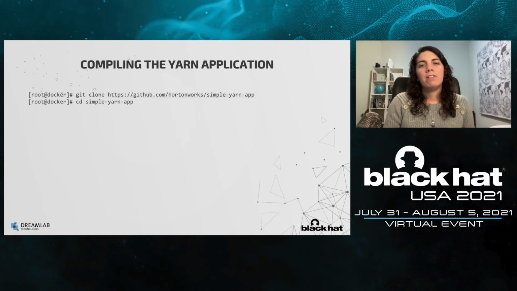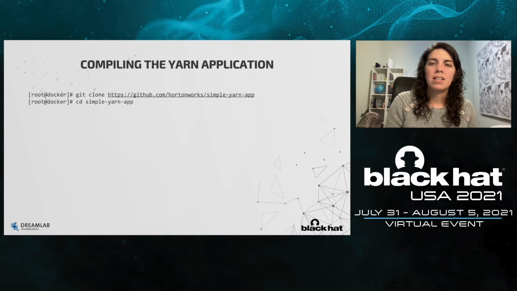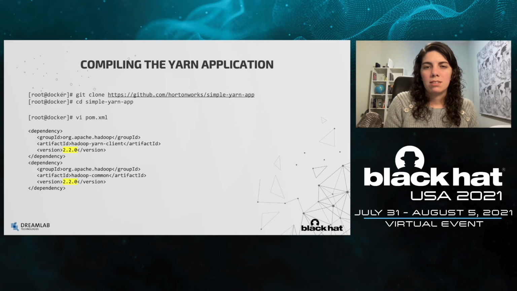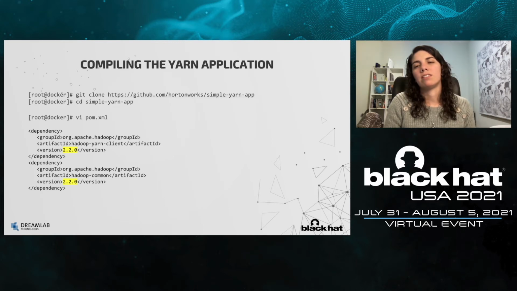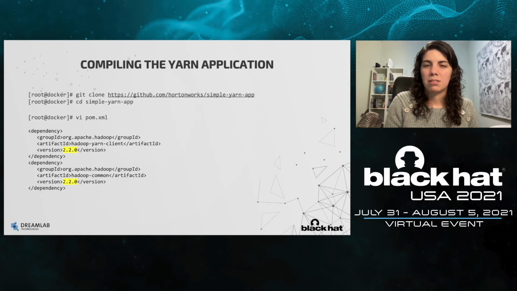So we will clone this repository in our Hadoop hacking container and proceed to compile this Java application. We need to edit the pom.xml file and change the Hadoop version to match the version of our target. This is pretty important, otherwise this will not work. So remember to match the version, and once done, we can compile the application using Maven.